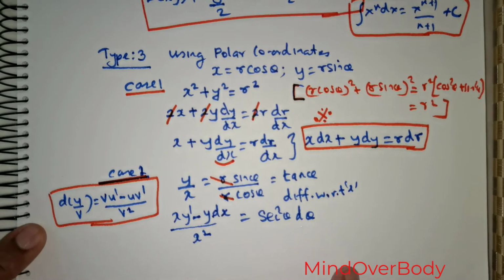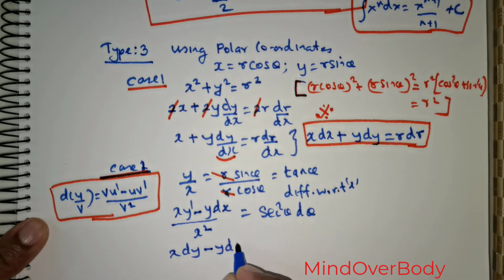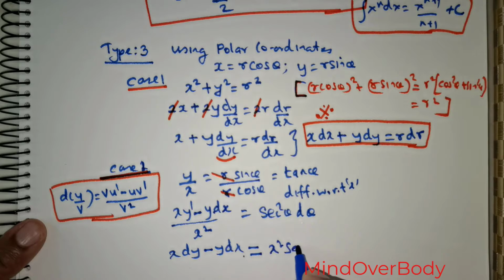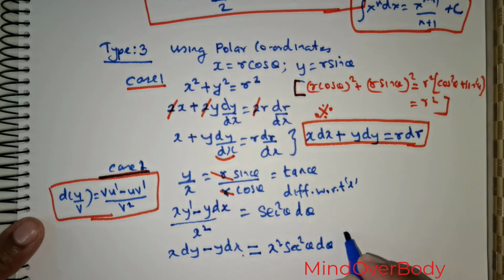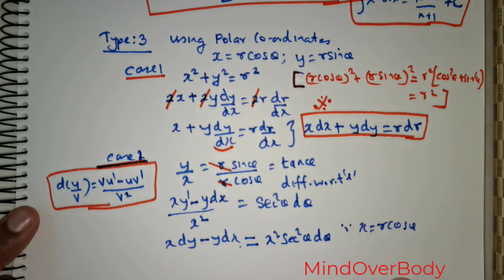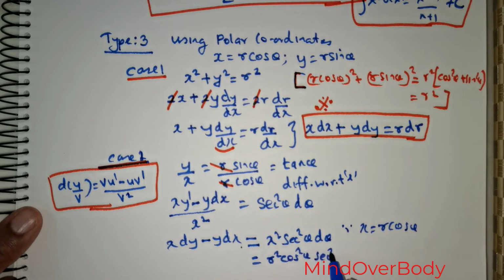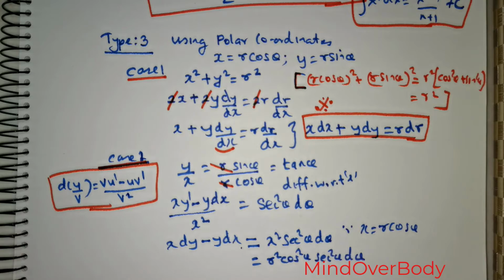Now I can rewrite this as x times dy minus y times dx is equal to x squared times secant squared theta times d theta, because since x is equal to r times cos theta, if I were to substitute here, it's going to be r squared cos squared theta times secant squared theta times d theta.